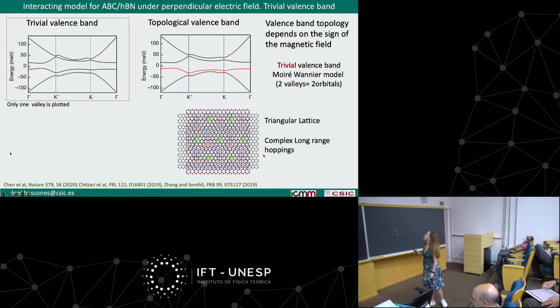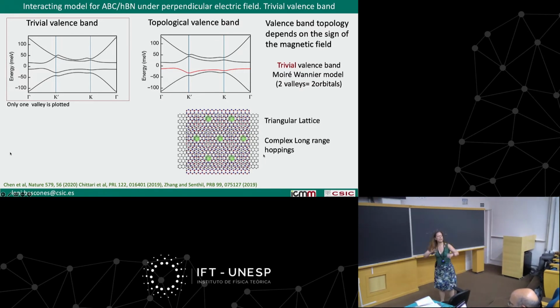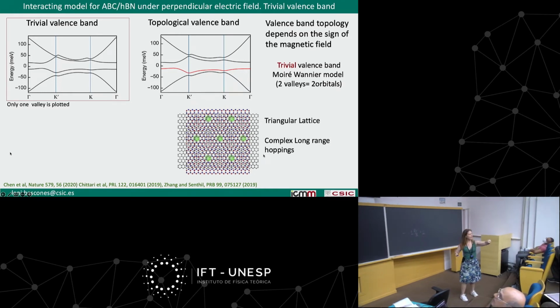Okay, so then we have this band, and we can isolate that. Because we have two valleys, this is similar as if in our system we have an effective lattice, so a lattice of effective atoms, which is triangular here, okay, and in which we have these two orbitals.